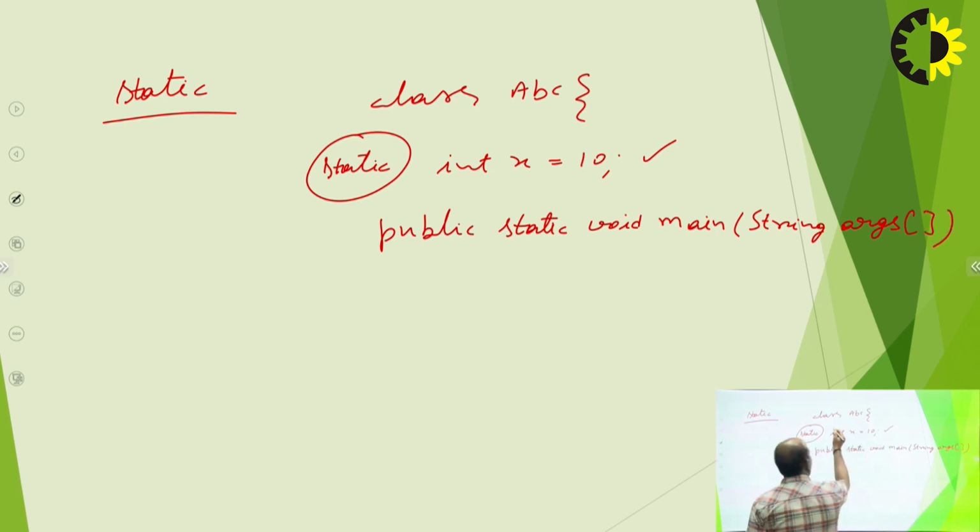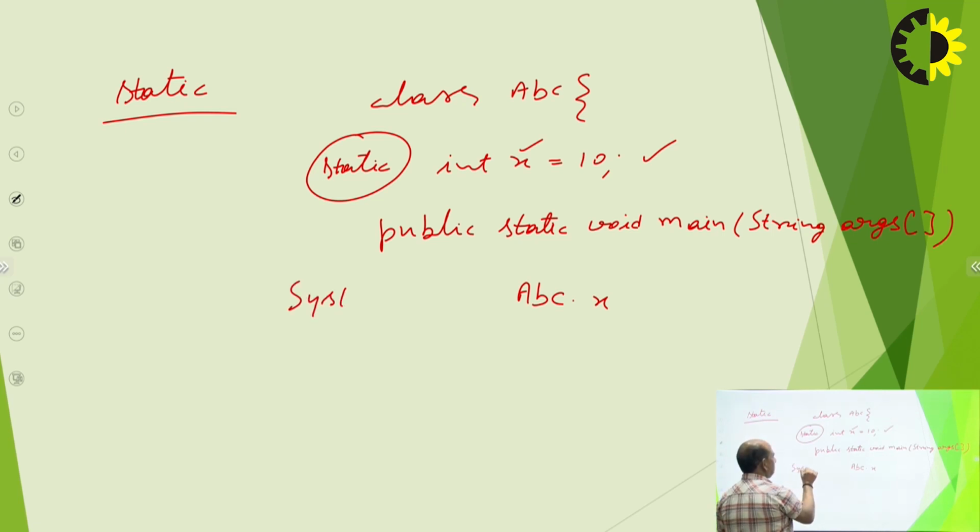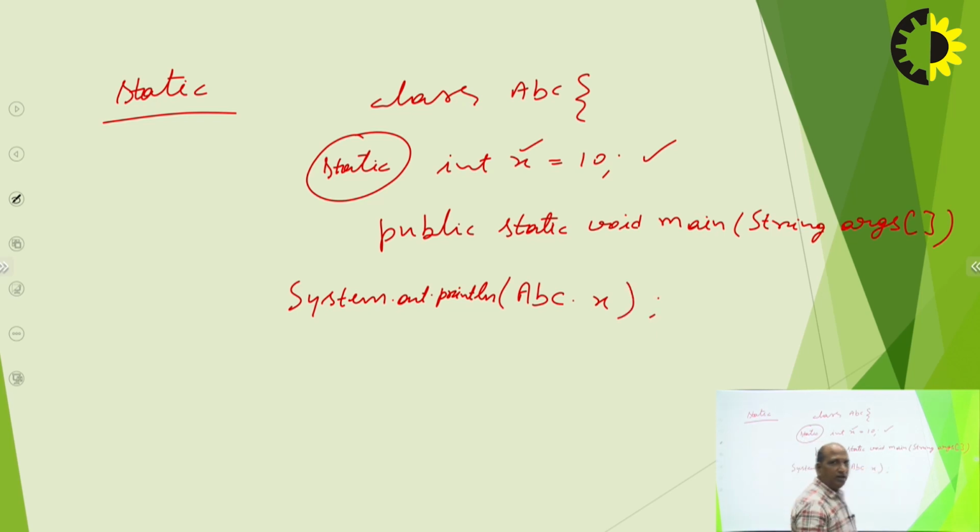Here, if you want to access that member x, this static member, then you can access it directly by the class name dot member name, without creating the object. You can access it like this. To display this, I am putting it in the System.out.println method, and here I have called it.